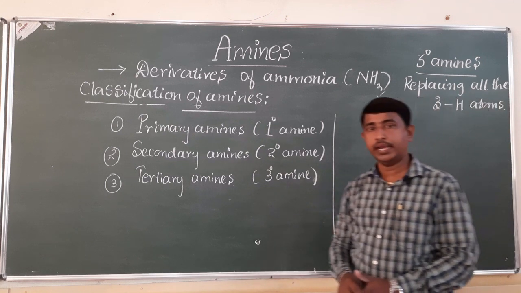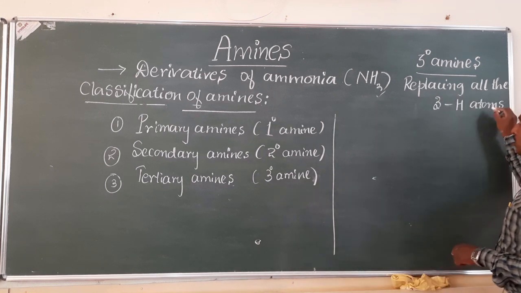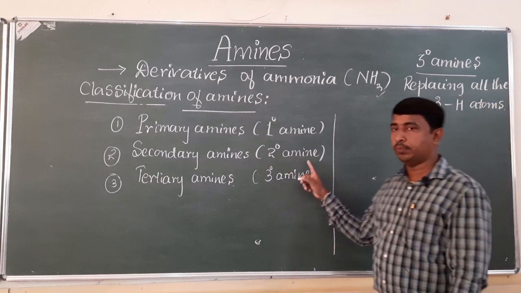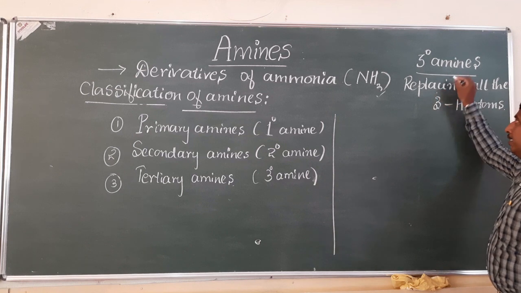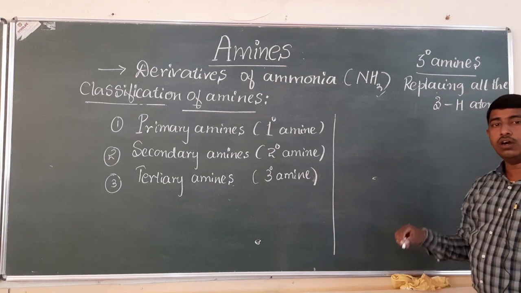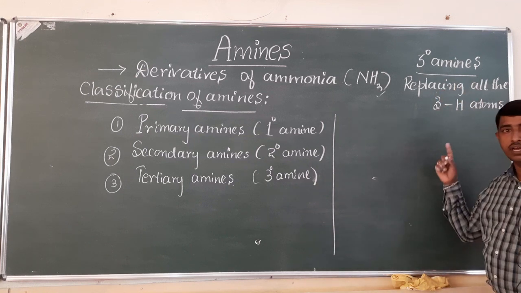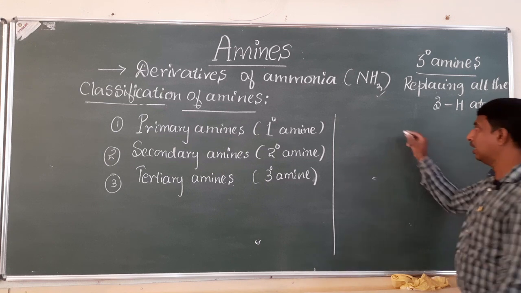Primary amine is obtained by replacing only 1 hydrogen atom. Secondary amine is obtained by replacing 2 hydrogen atoms. Tertiary amine is obtained by replacing all the 3 hydrogen atoms of ammonia by alkyl groups.